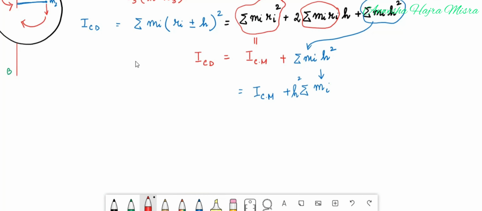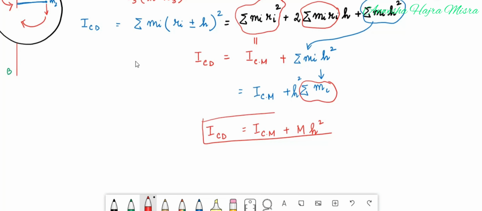The summation of mi is actually the total mass. So ICD can be written as I center of mass plus total mass into h square, where h is the distance of the axis from the center of mass axis.